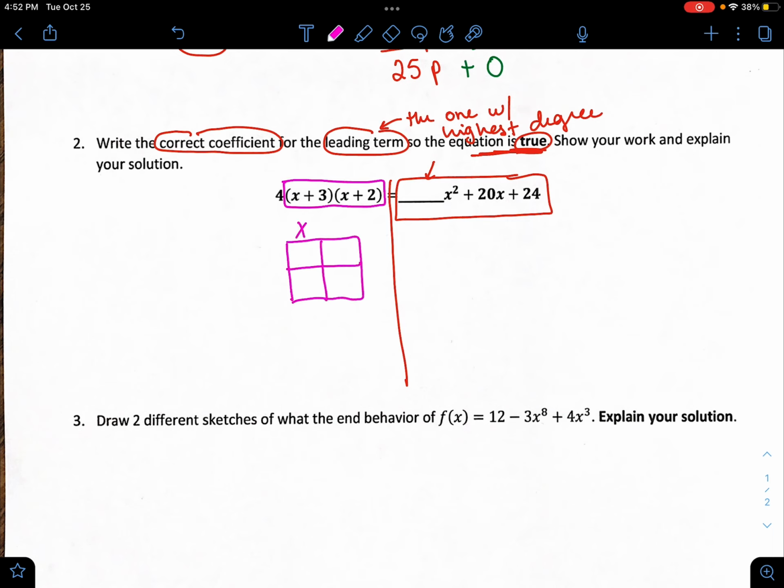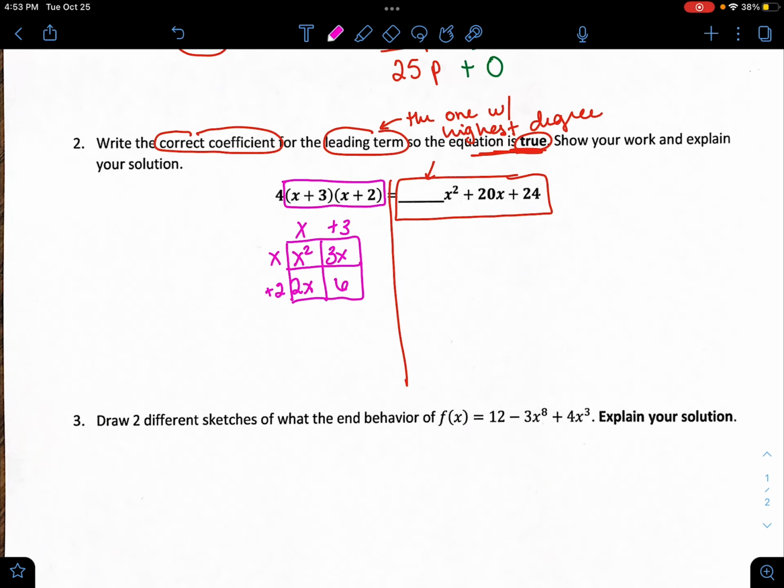You have x plus 3, x plus 2, and you get x squared, 3x, 2x, and 6. Okay, all you're doing is multiplying this times this, which is 3x, this times this, which is 2x, and then 3 times 2 is 6.